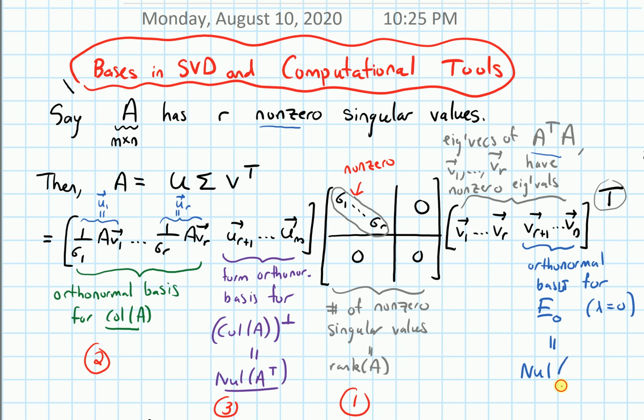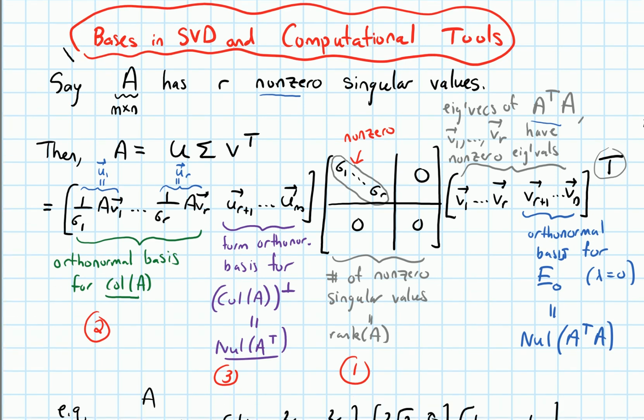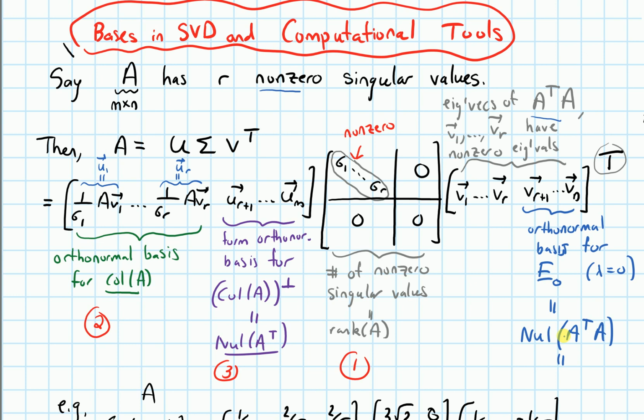Remember, we were finding the eigenvectors and eigenvalues of A transpose times A, so this is the null space of A transpose times A. But in a previous homework, we showed that the null space of A transpose A was equal to the null space of A. So VR plus 1 up until Vn are actually an orthonormal basis for the null space of A. That is step 4 in my thought process.